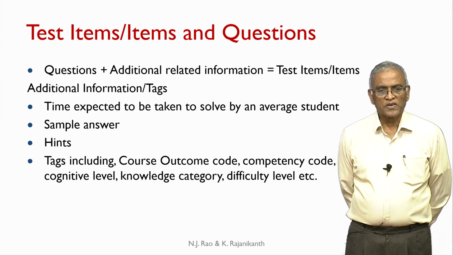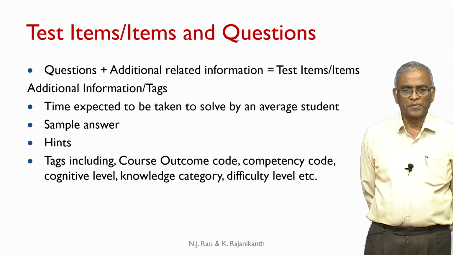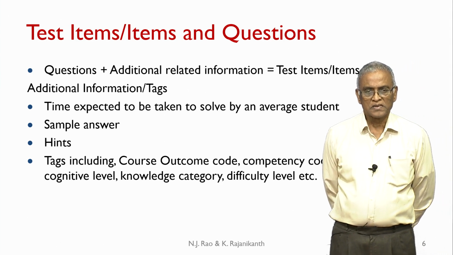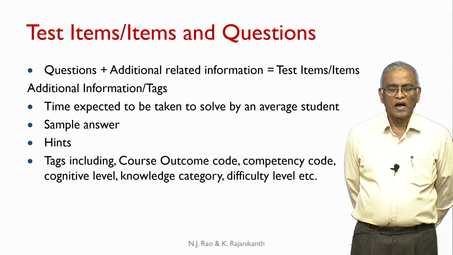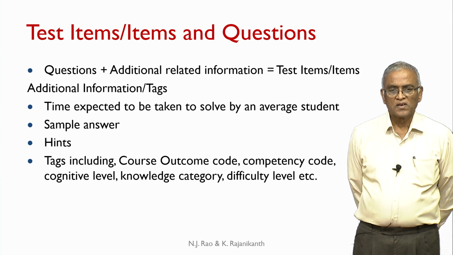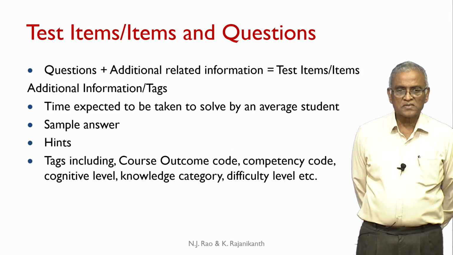And sometimes we have a sample answer written for ourselves, not given in the exam paper, but you write the sample answer. You may sometimes give hints, and also you can tag a test item with regard to the course outcome code and competency code.